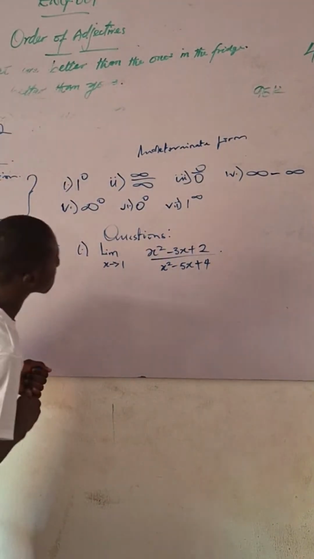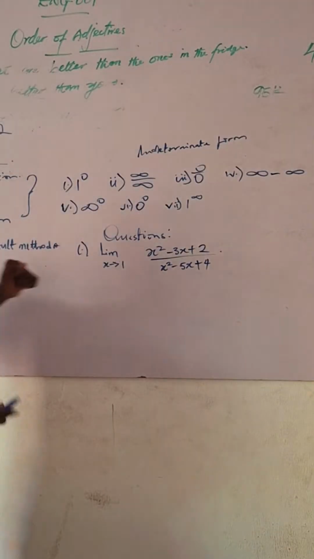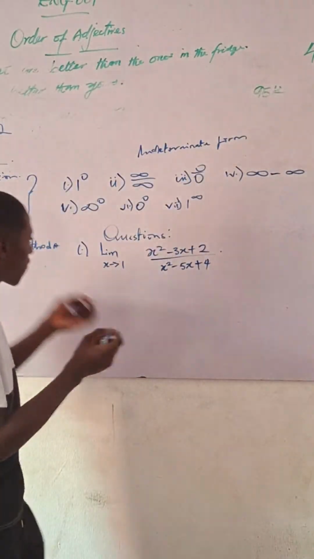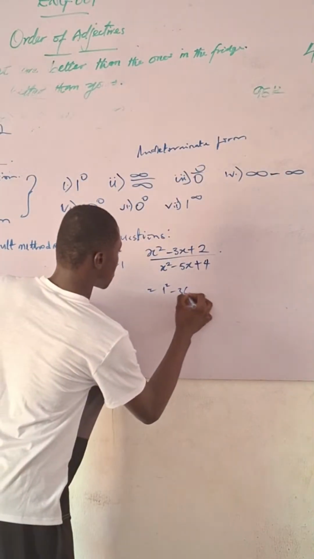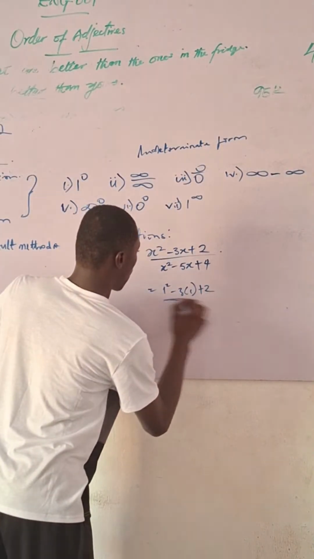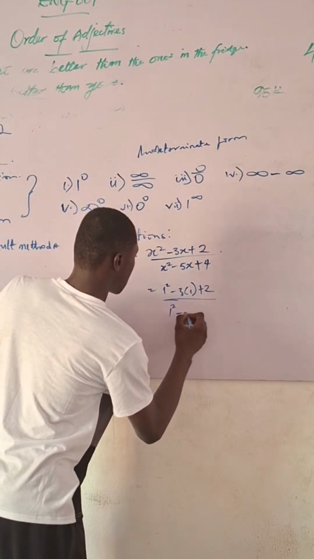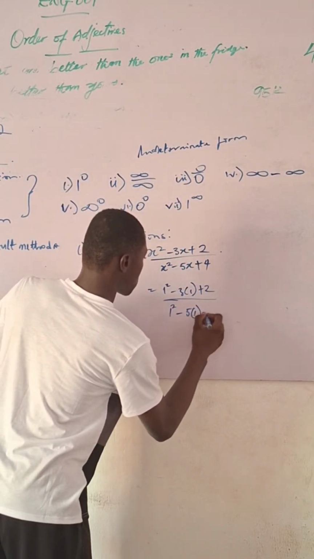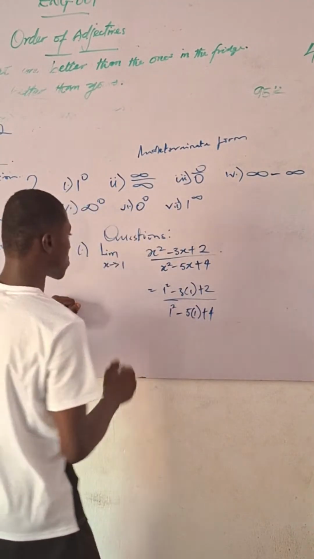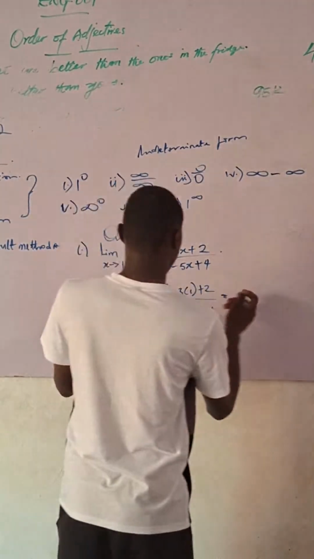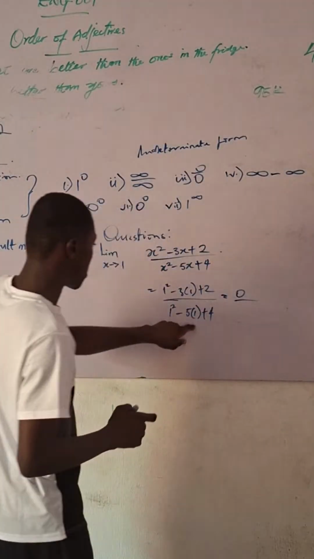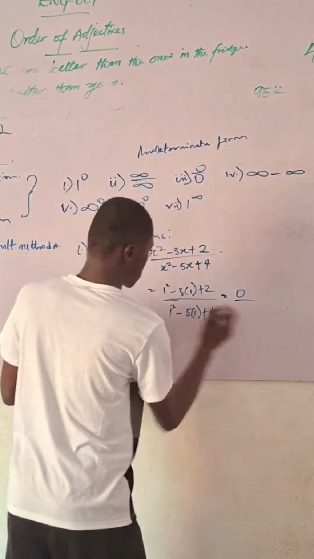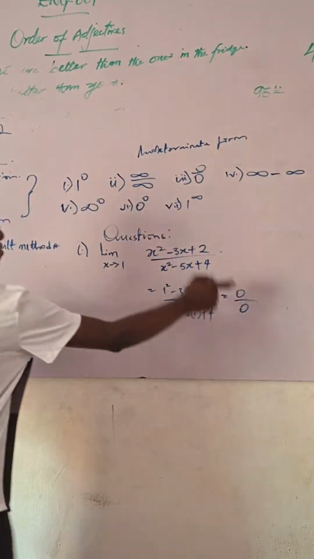So you already know what that means. Since you got 0 by 0, you should not leave it as 0 by 0, which means you have to simplify the question. So now, if I do this, minus 2 plus 2, that's 0. Minus 4 plus 4, that's 0.